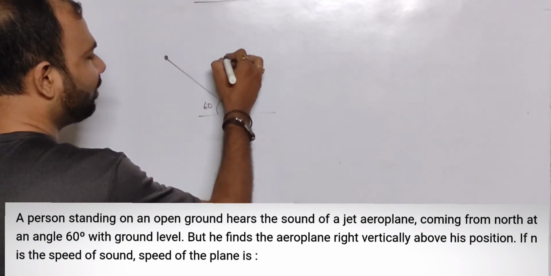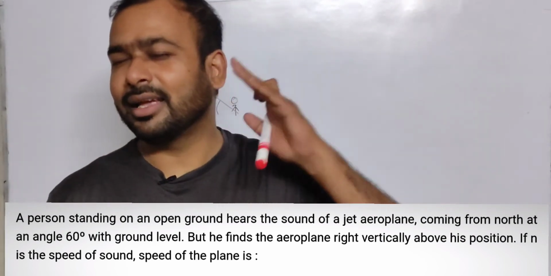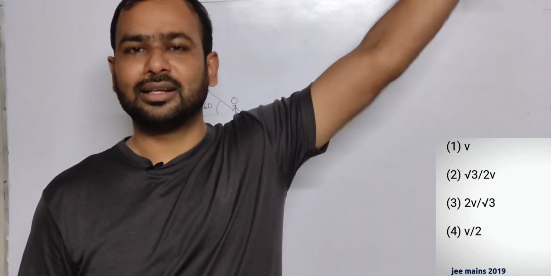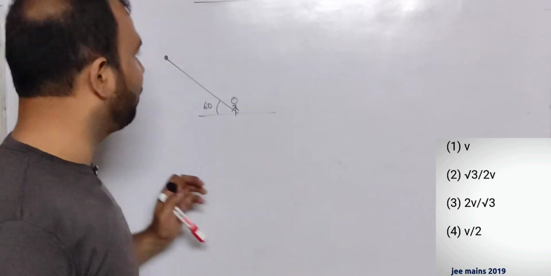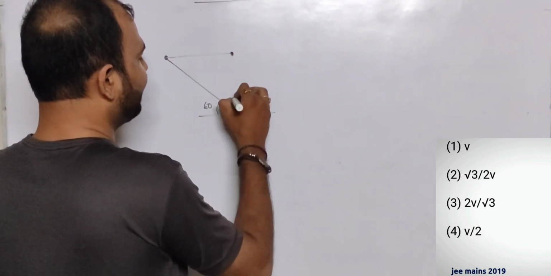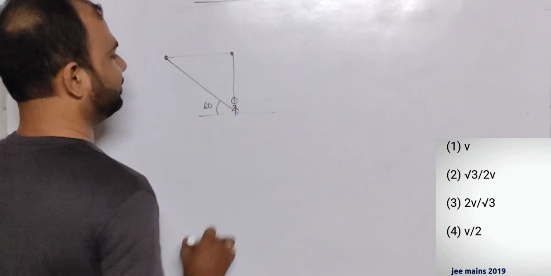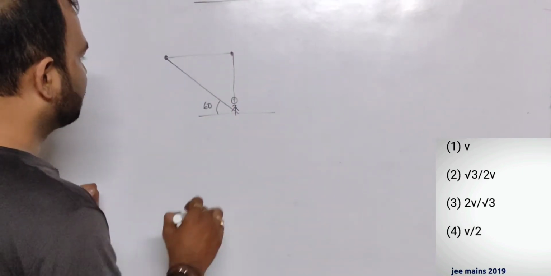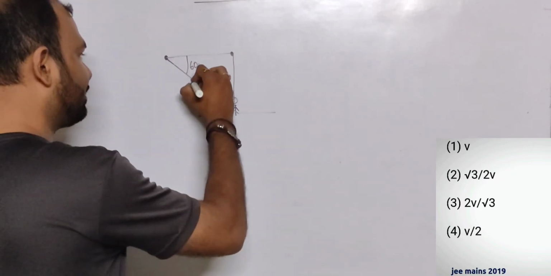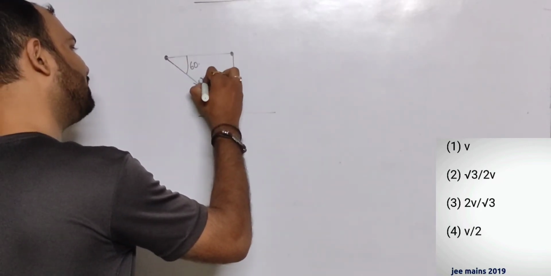But when he sees, the plane is perpendicular to the observer. So if this is 60, this is also 60. The direction of the velocity of sound is over here.